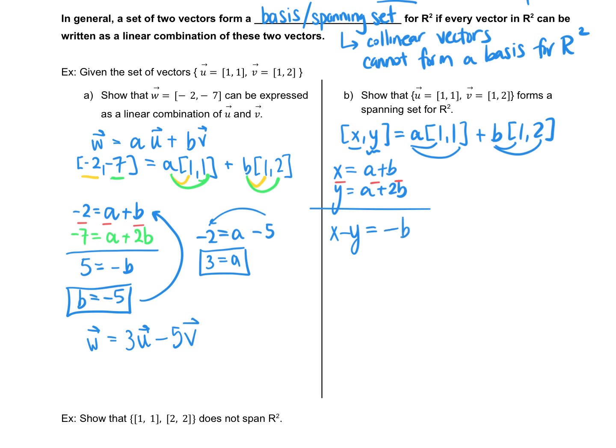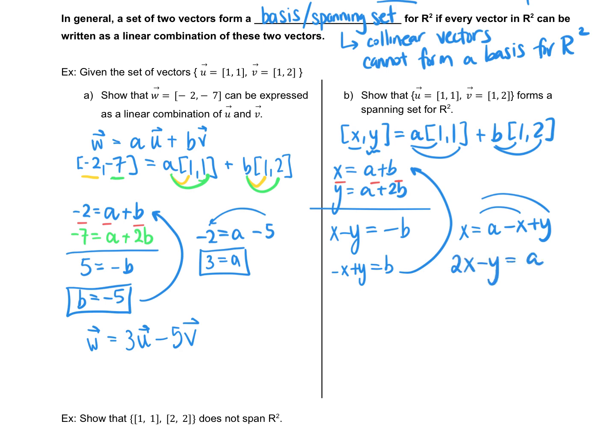x minus y equals a minus a is 0, b minus 2b. There we are. And I end up with the fact that negative x plus y is equal to b. And then if I sub that in, I can figure out what a is equal to as well, just like I did in the previous example. So x equals a, and then for b, I'm going to put negative x plus y, and I'll just bring those over. So x plus x minus y equals a.